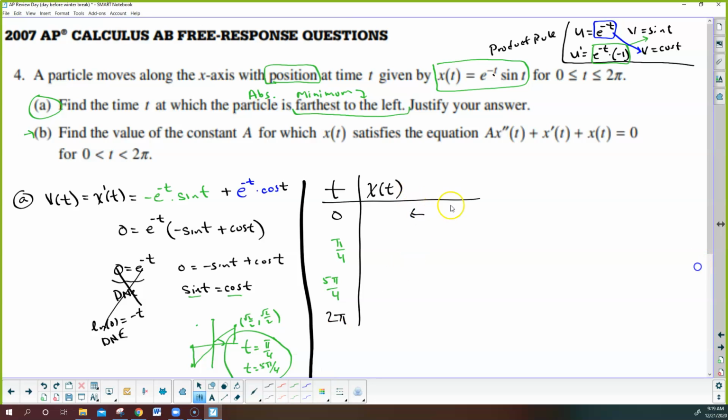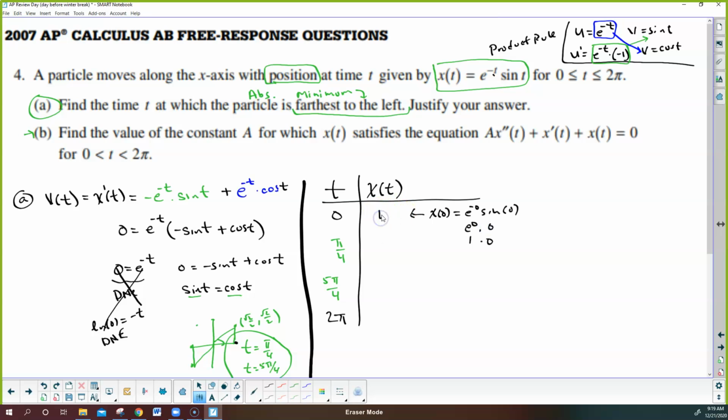Okay. So remember, this is the original value. So I'm going to just take the original equation, I'm going to plug in 0, and that should be really quick. E to the negative 0, well, officially that's e to the 0 or 1. And then sine of 0, if you think of where sine of 0 would be, that's the y value is 0.